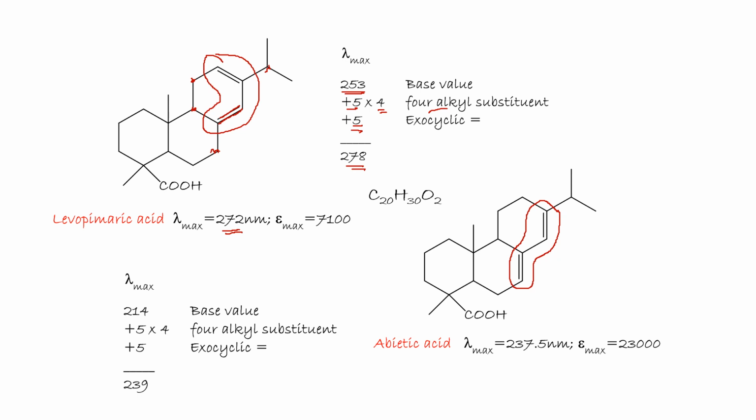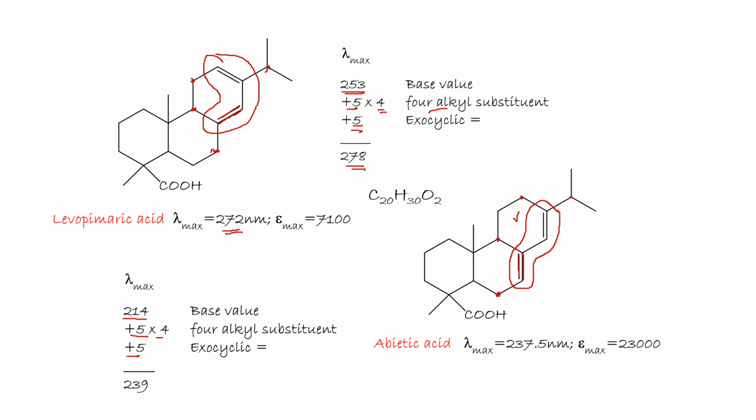The double bond is heteroannular, so we start again with 214. We have here 1, 2, 3, 4 alkyl substituent, 5 times 4. We have this double bond exocyclic to this ring.